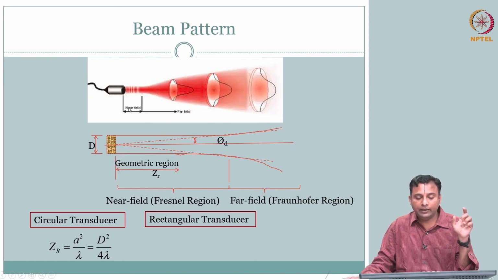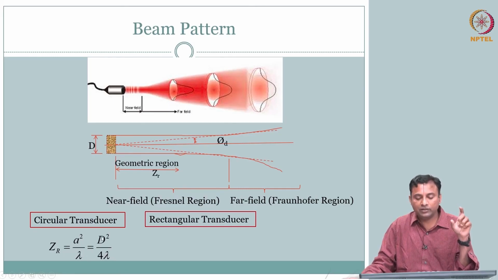This is the length over which z is this direction, right? Z is this direction. So the depth over which you can have this divergence less than your d, your aperture size or your crystal dimension, is d square by 4 lambda.